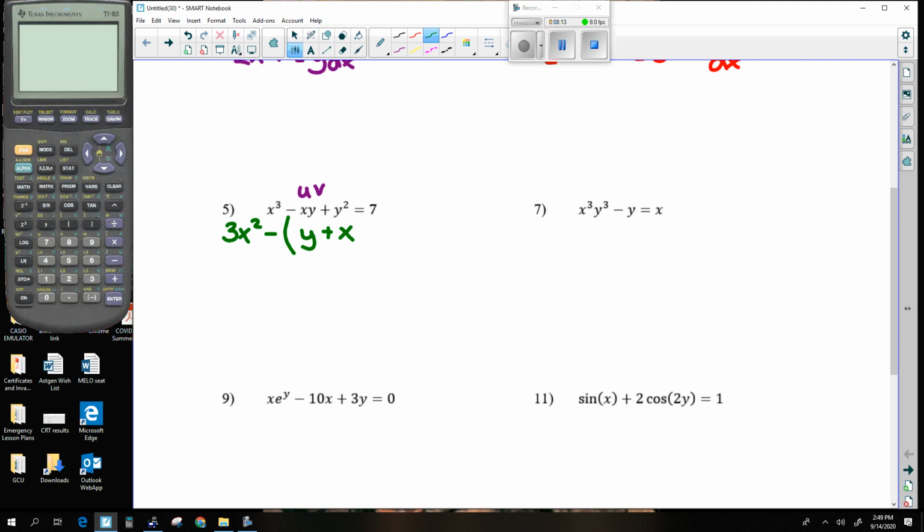So y prime is 1, and that gets a dy dx, because that's where I took the derivative of y. Plus the 2y, y squared is 2y dy dx, is equal to 0.